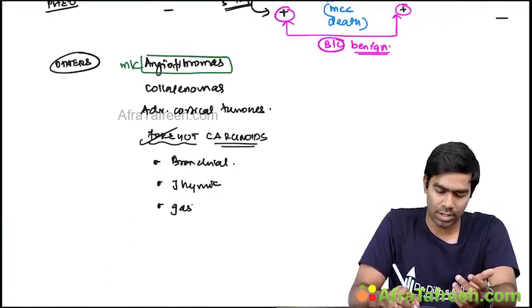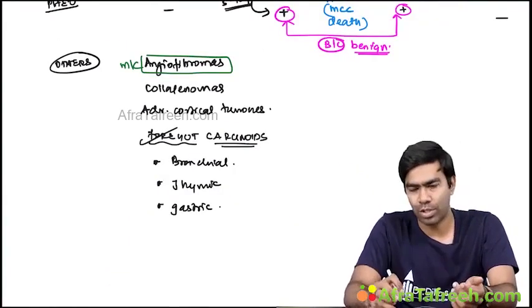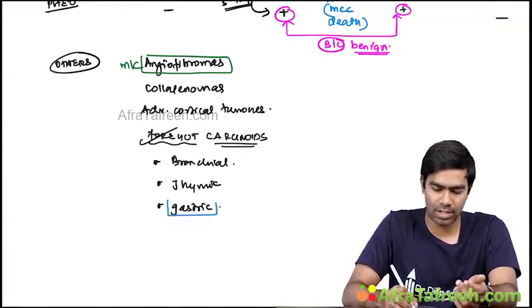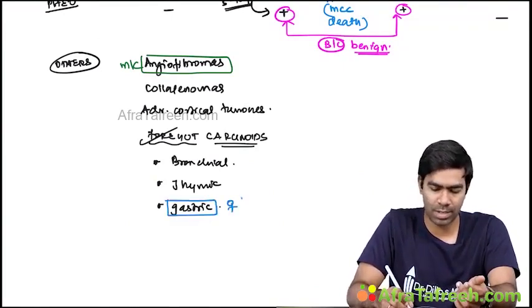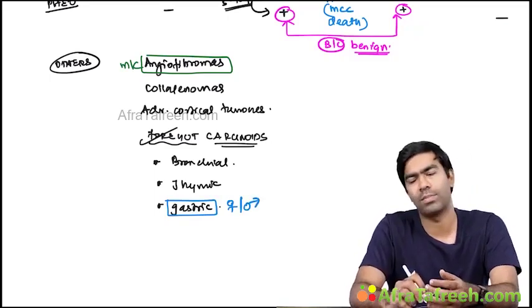So it is embryologically a foregut structure. So lung or bronchial carcinoid is a foregut carcinoid, thymic carcinoid is a foregut carcinoid, or you can get a gastric carcinoid. Among the three, which is going to be the most common? It's the gastric carcinoid. That's going to be the most common, and it can be seen in both males as well as females.